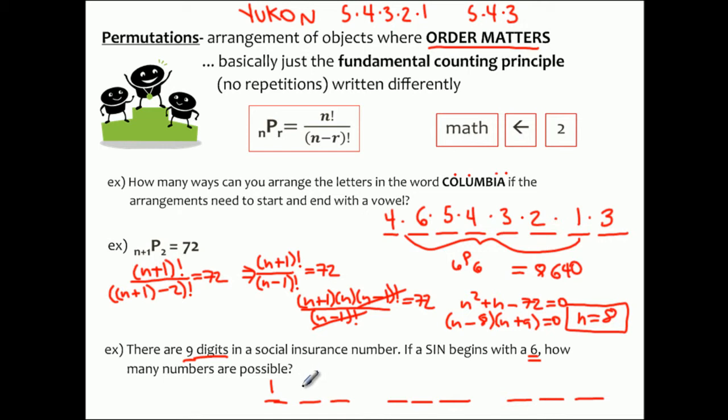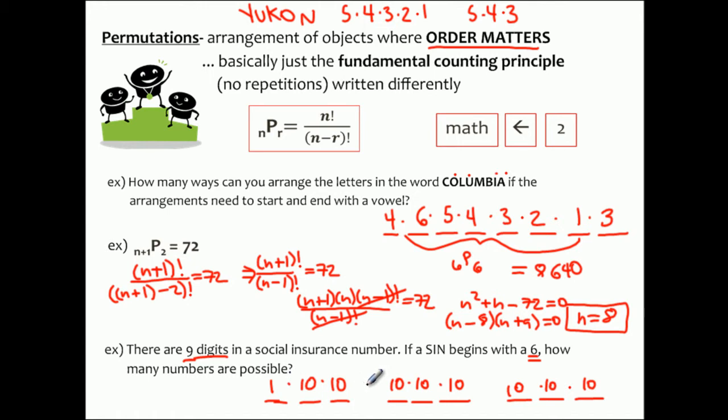For the next number, we can have anything 0 to 9, so there's 10 possibilities for the next position. And if we can repeat digits in a social insurance number, we have 10 available for the next decision. 10, 10, 10, 10s for all of these positions.